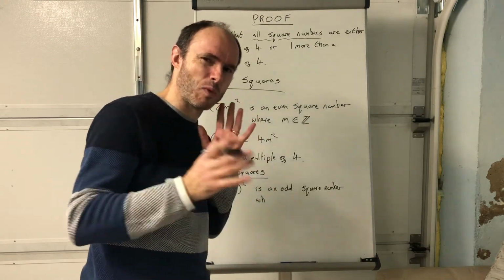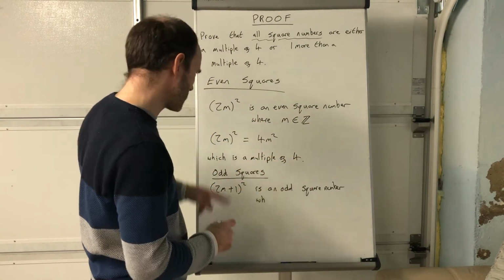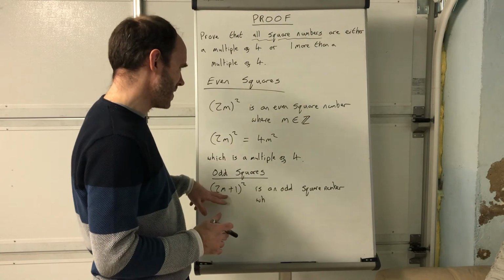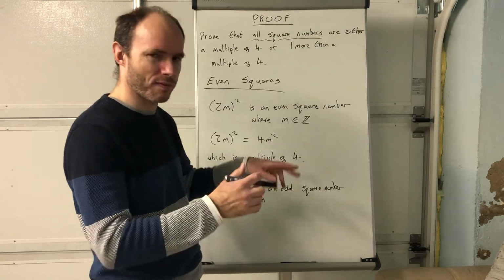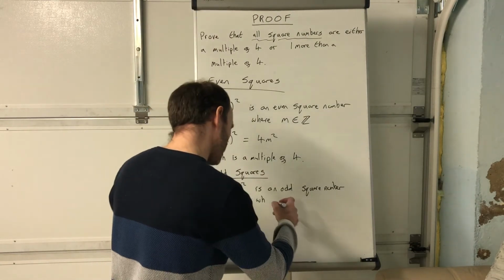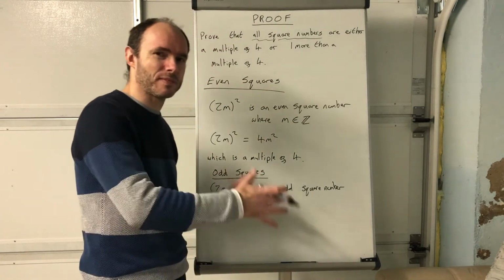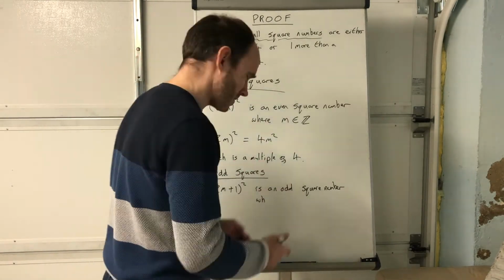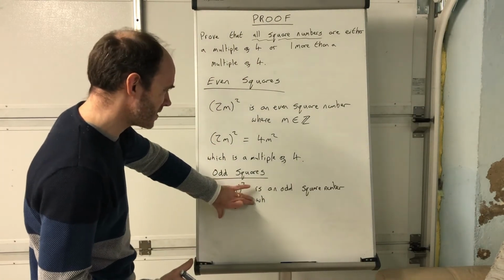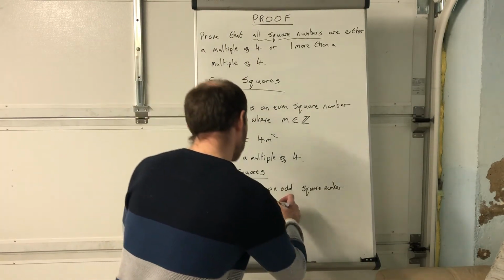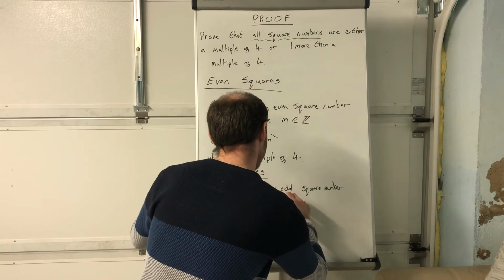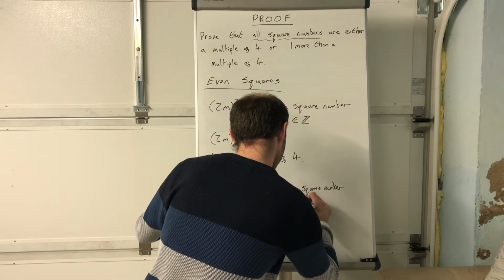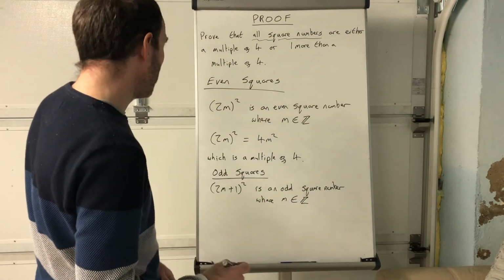I'm going to keep m there, because I'm still looking at all values of m. Just notice how even I'm considering, should I have used a different letter? m is fine because it's separate to that bit. But I'm going to write again where m is an integer, more of a reminder really.